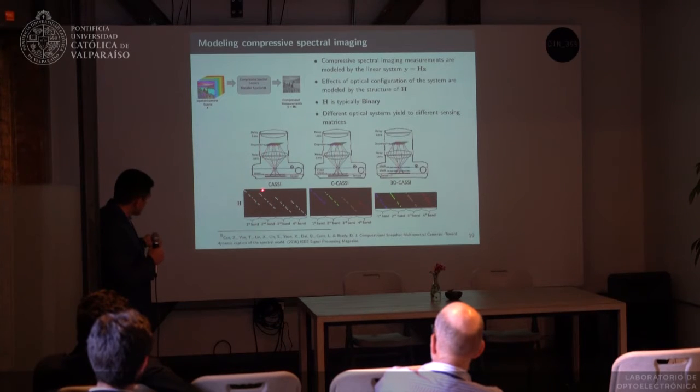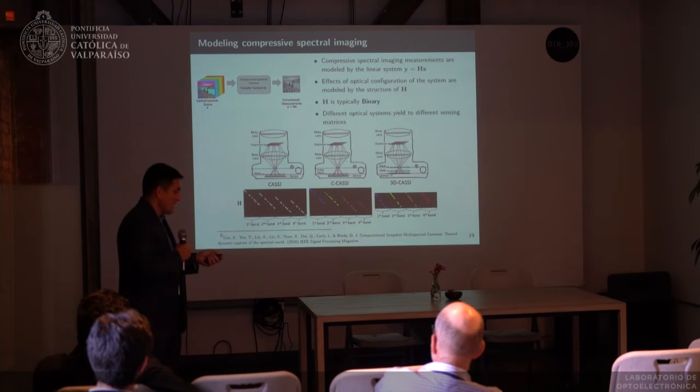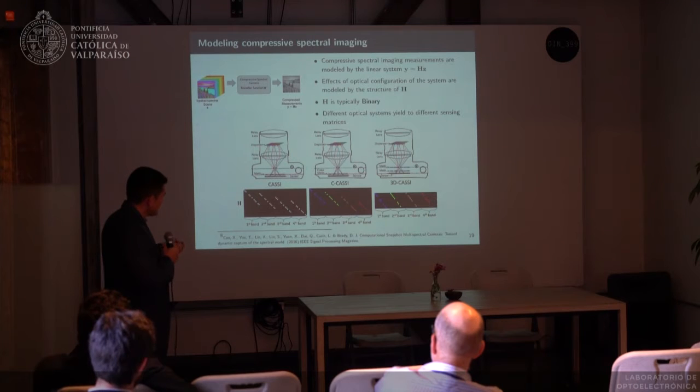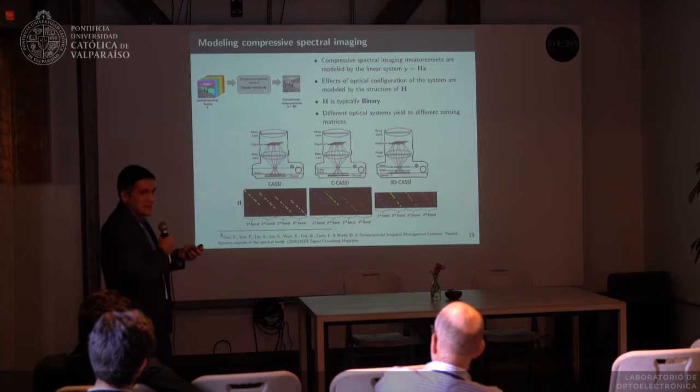You have some shifting here, which is very difficult for the algorithms, and also here, but this one is very nice because you don't have any shifting. That is very good for the algorithms because the performance is better with this architecture. But as I mentioned, from the optical or light efficiency point of view, this is the worst architecture.